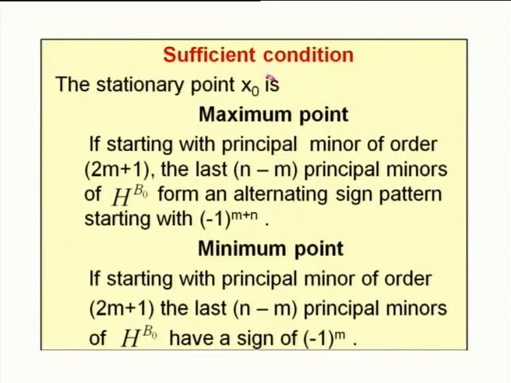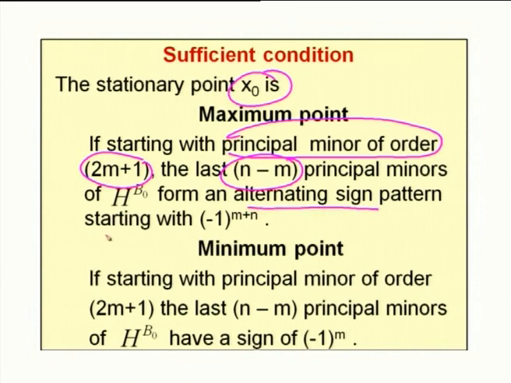Next, we know very well the sufficient condition for solving an NLPP is defined in terms of the bordered Hessian matrix. The stationary point x naught is a maximum point if, starting with the principal minor of order 2m plus 1 to the last n minus m principal minors of HB naught, they form an alternating sign pattern starting with minus 1 power m plus n.